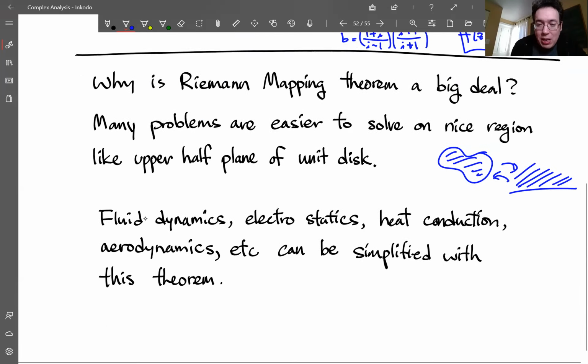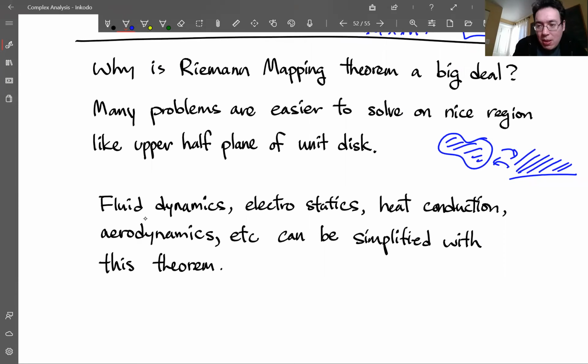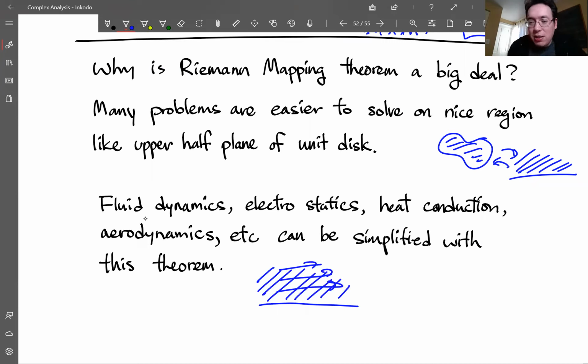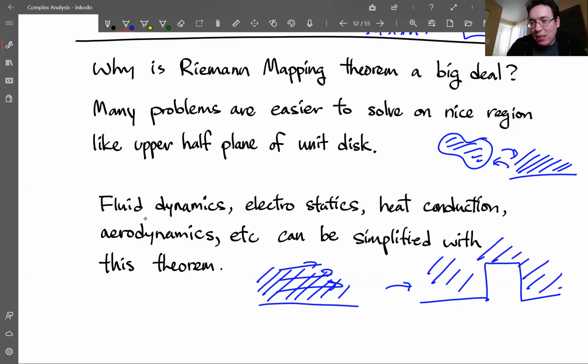So for example, on the flat upper half plane, it's easy to understand how the wind flows, if there's a constant wind blowing from, let's say, west to east. If you map it to a domain that looks like this, where there's a building built on the ground, the map distorts the picture in this way, and then you can understand the wind flow around the building.